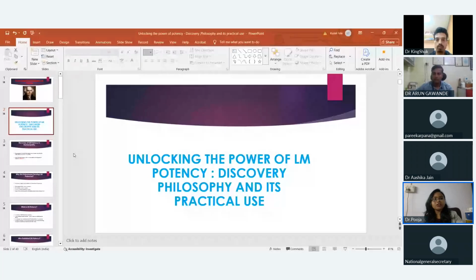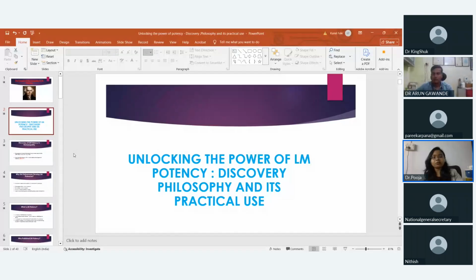It's about uncovering a hidden gem from Hahnemann's final work, which is a key to treating chronic diseases with gentle precision and depth, especially in today's fast-paced and sensitive clinical setting. We will go through the first part, that is discovery of potency. The second one is philosophy, and the third part is practical use of potency. So let's begin.